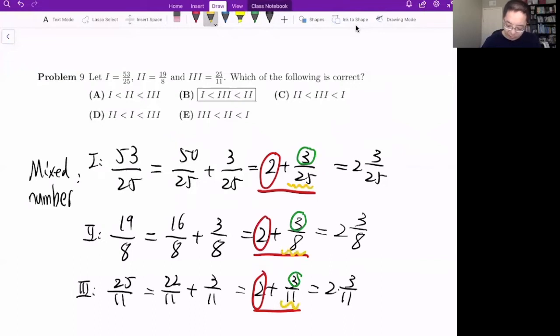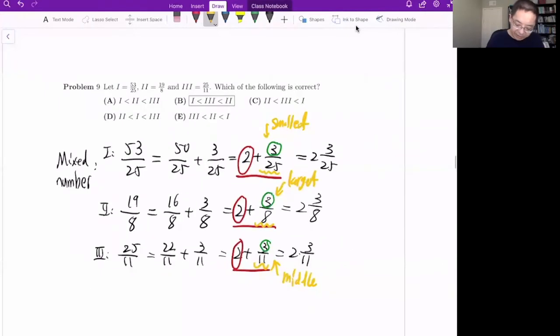So obviously this one is the smallest, and this one is the largest. So this one is in the middle, right? Okay, so now the order will be the smallest, then the middle one, then the largest.